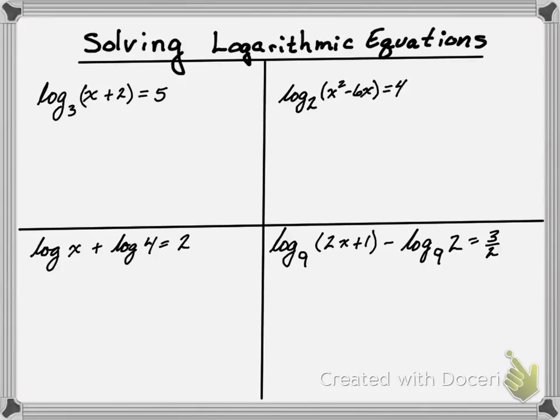All right, so the first one, this is just your basic logarithmic equation. We're going to convert it to an exponential equation, which would be the base value 3 raised to the 5th power is equal to the x plus 2.